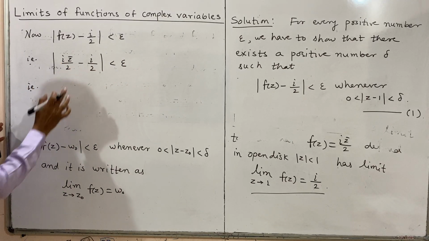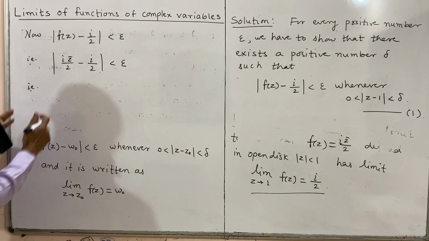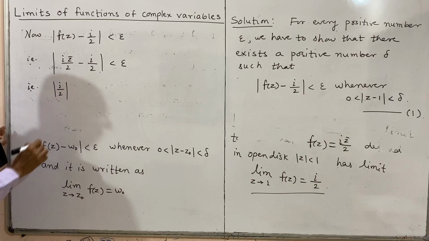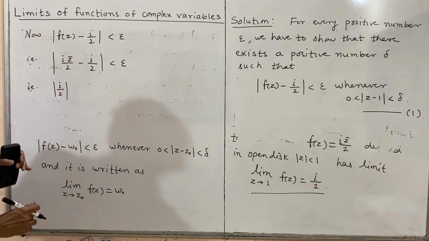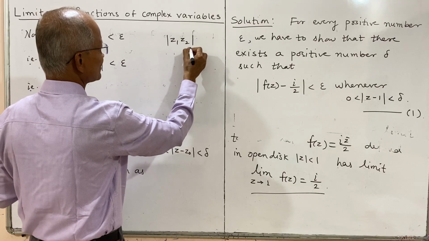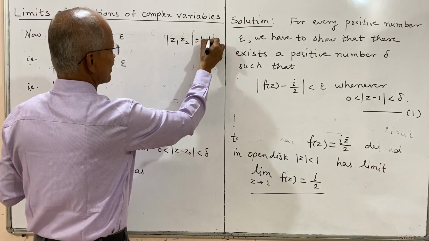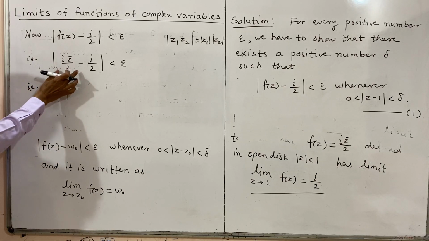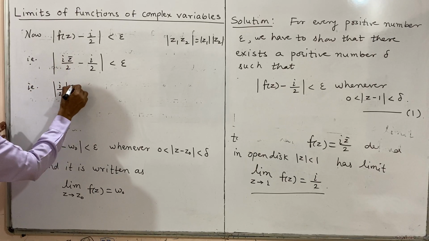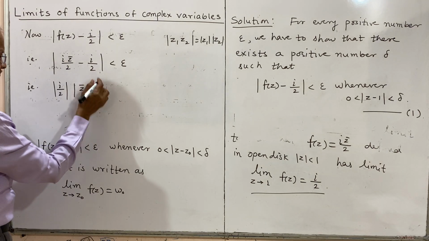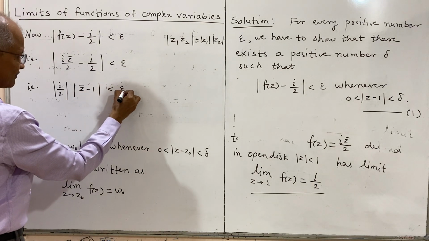And this means from this we can take i/2 common under this absolute value, by using the properties of absolute value function. We have these properties: absolute value of z1 z2 is absolute value of z1 into absolute value of z2. So i/2 is common, the product is there, and in the second part it will remain |z bar − 1| < epsilon.